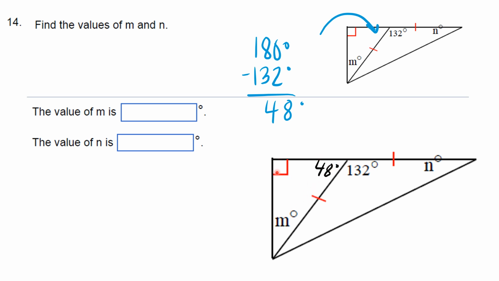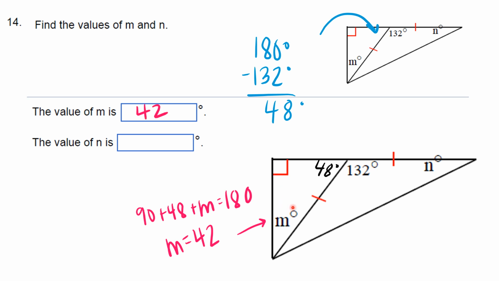All right, so I did 90 plus 48 plus M equals 180. 90 plus 48 is 138. So subtracting 138 from 180 gives you 42. All right, so that tells me the value of M. All right, so I'll go ahead and fill that in.